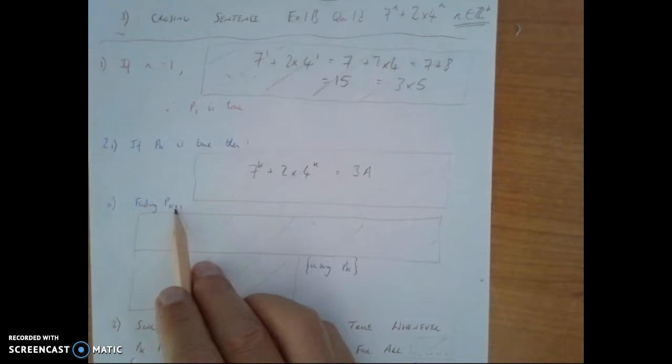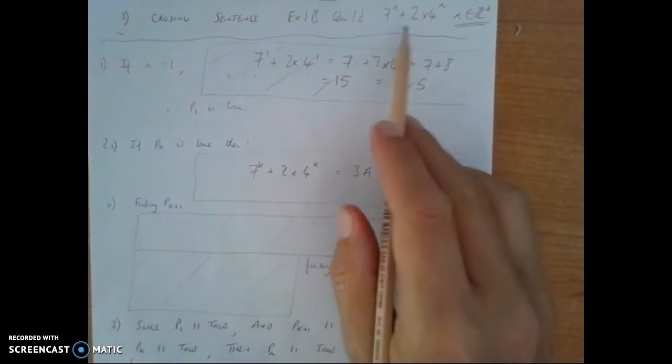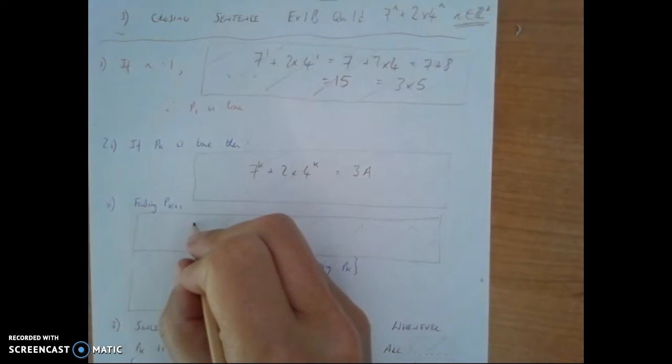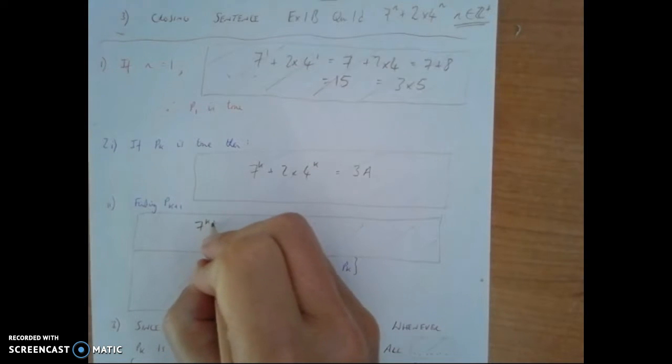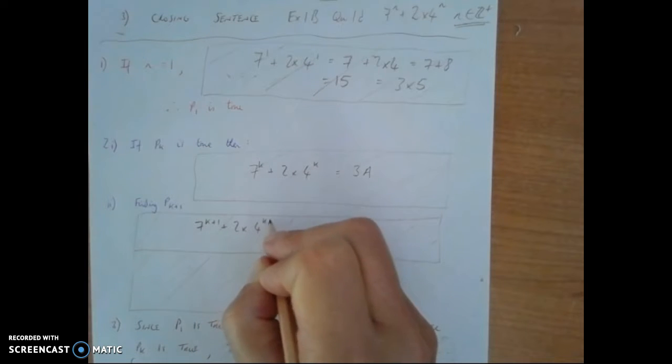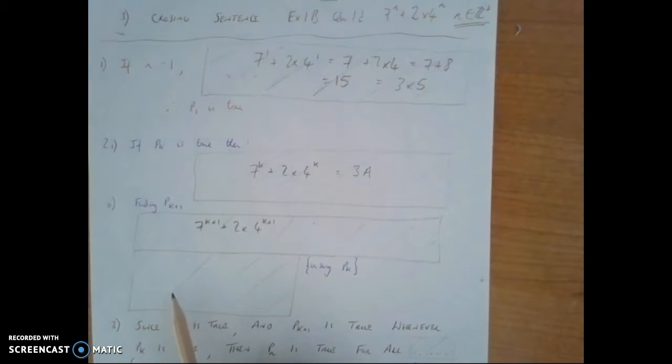Now we're going to find Pk plus 1. Follow the same process, but instead of writing n, we're going to write k plus 1. 7 to the k plus 1. Okay.